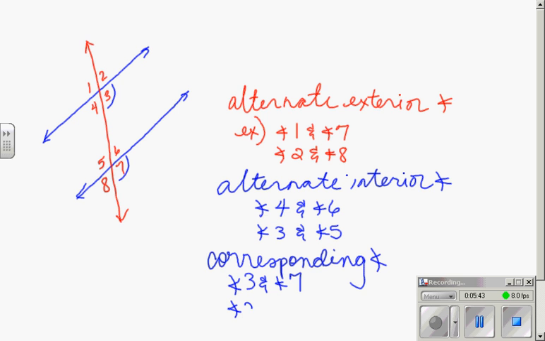So angle 3 and angle 7 are corresponding. Angle 2 and angle 6 are corresponding because they are both to the right of the transversal and above the parallel lines. Angle 1 and angle 5, angle 4 and angle 8.